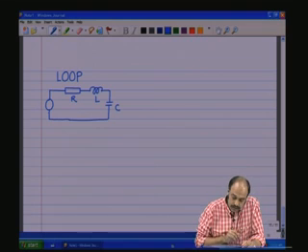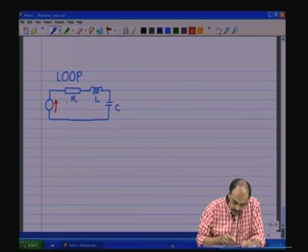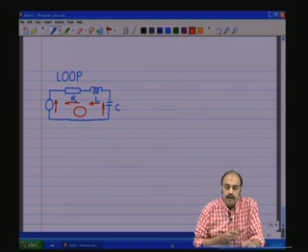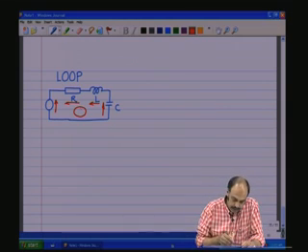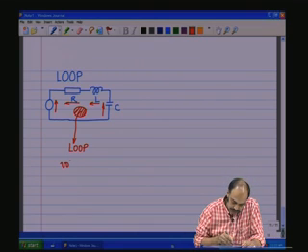Now, each of these devices has, let us say, a voltage across it. There is a voltage across this component, there is a voltage across this component, there is a voltage across this component. Okay. Now, all these components meet at this junction, this loop. Okay. This loop is called the voltage junction.